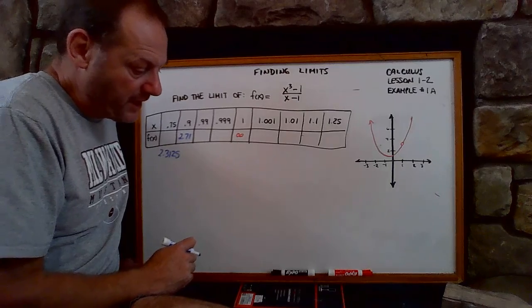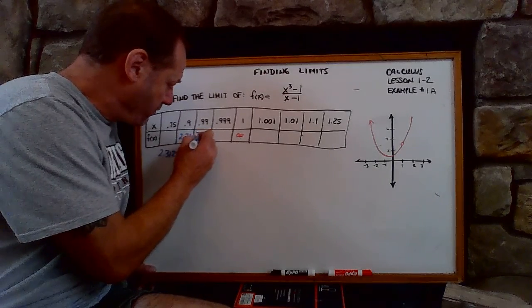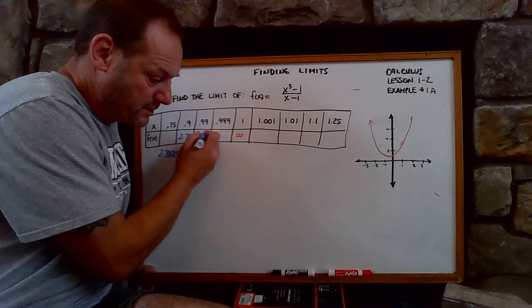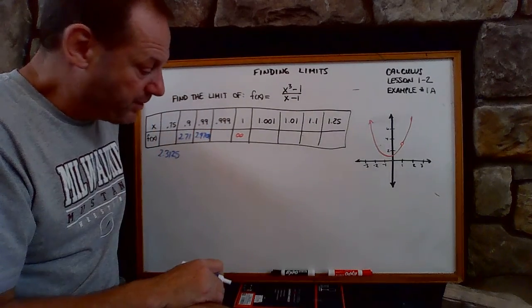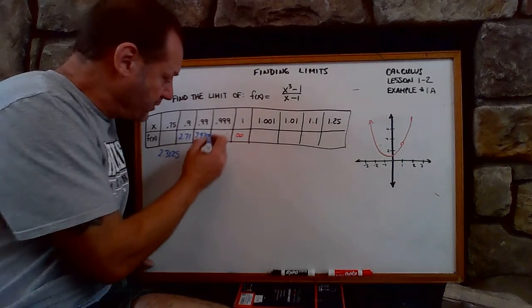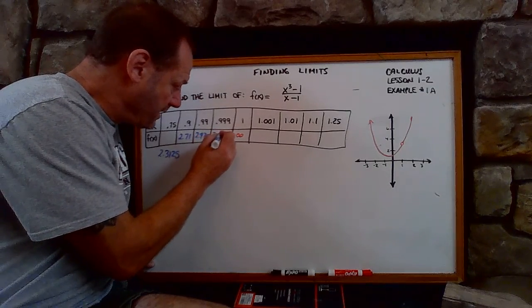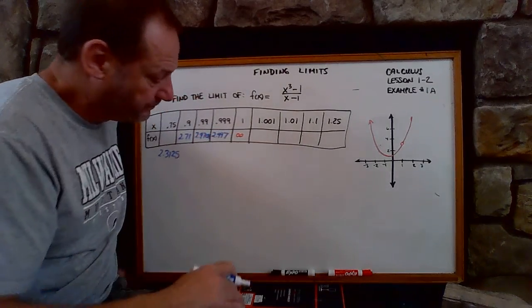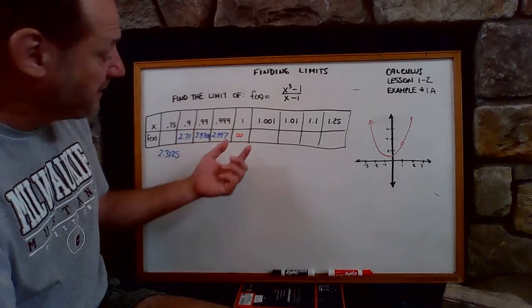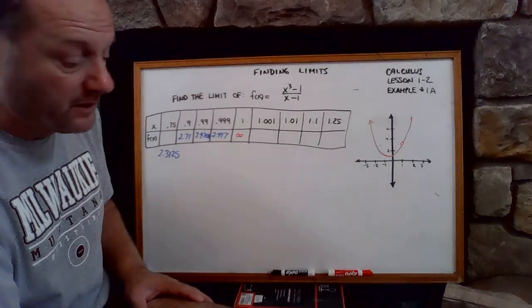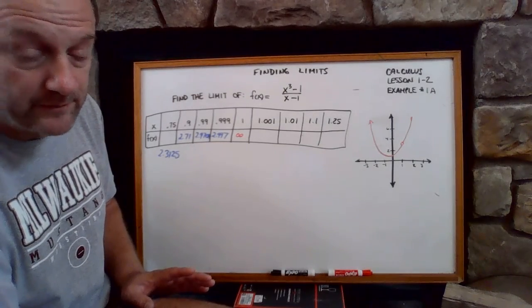If I plug in 0.99, I'm going to get 2.9701. And if I plug in 0.999, I'm going to get 2.997. Okay, you can kind of see what's going on here already. You might be able to guess what this limit is, but I wouldn't do that yet.